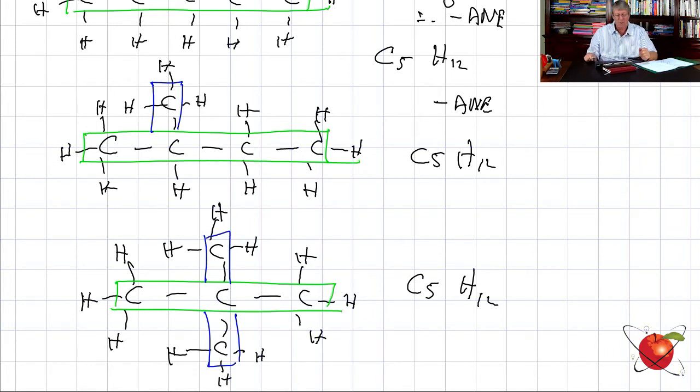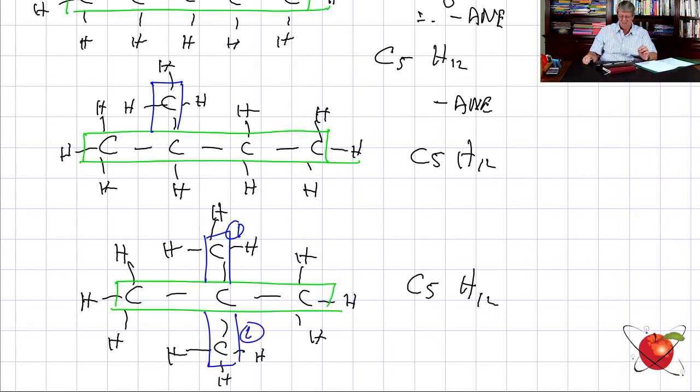It doesn't matter which way I called it because the longest chain is what matters here. When we're naming these, we start with the longest carbon chain. That tells us what the actual chemistry of this thing's about. This one and this one I could have used instead of the green and the blue; they are interchangeable, but let's say long chain there, and we've got 1 and 2 side chains.